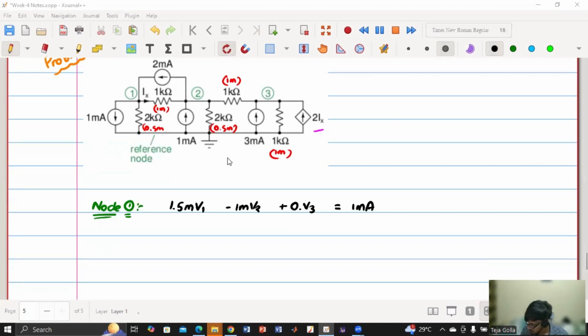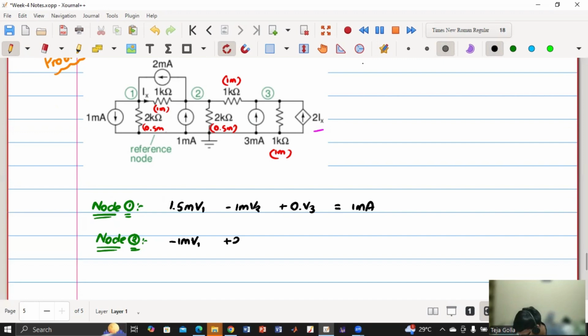Now at node 2, can you tell me what is the expression at node 2? First of all, A12, which is the negative of the conductance between 1 and 2. Minus 1 milli. And then A22 is the summation of the conductance at node 2. 2.5 milli, yes.